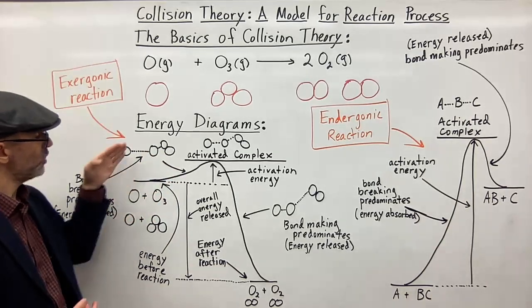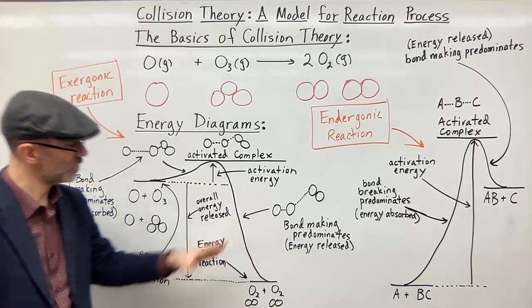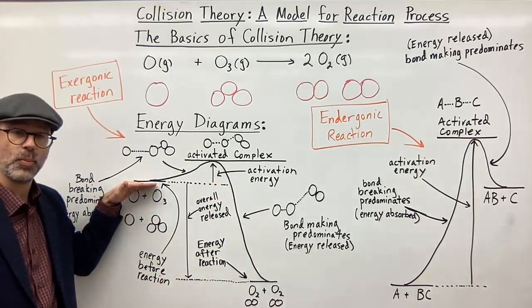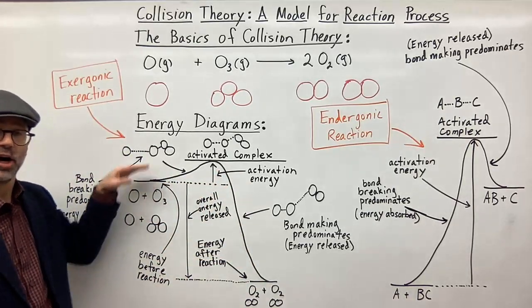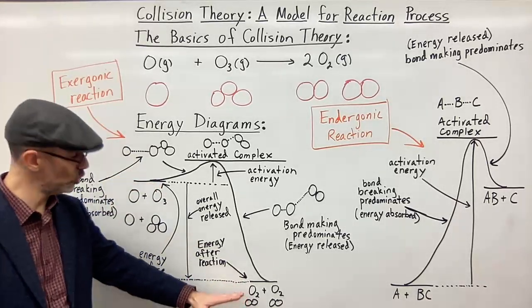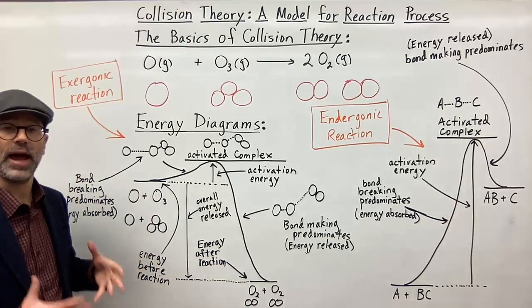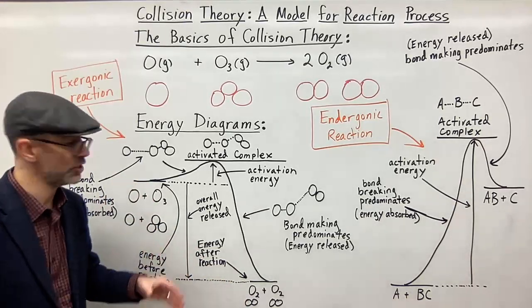So this is absorbing energy, this is releasing energy. So when you end up with reactants that are higher in energy compared to the products, if the products are lower energy compared to the reactants, then you have an overall release of energy.